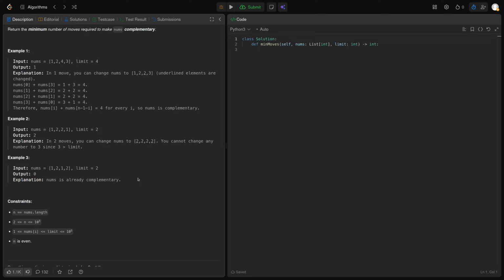Can we do limit, I don't know, 10? We can't really change that much, right? If something is away by limit, in reality it might take you 2 operations to do that. That's not right.